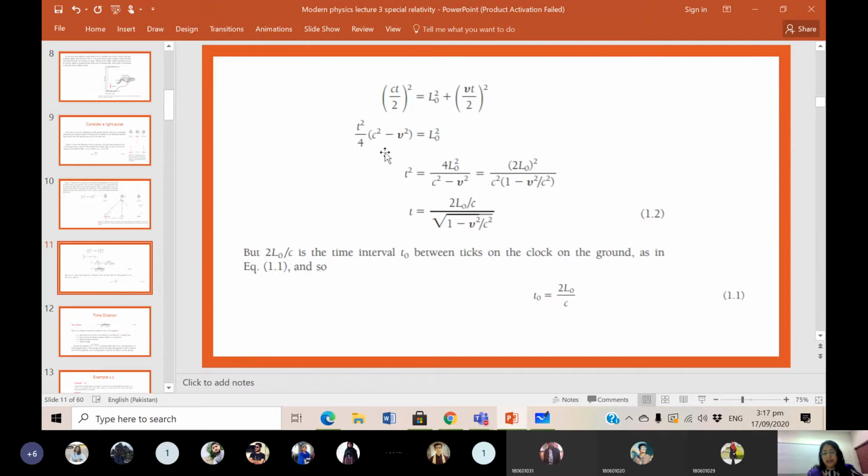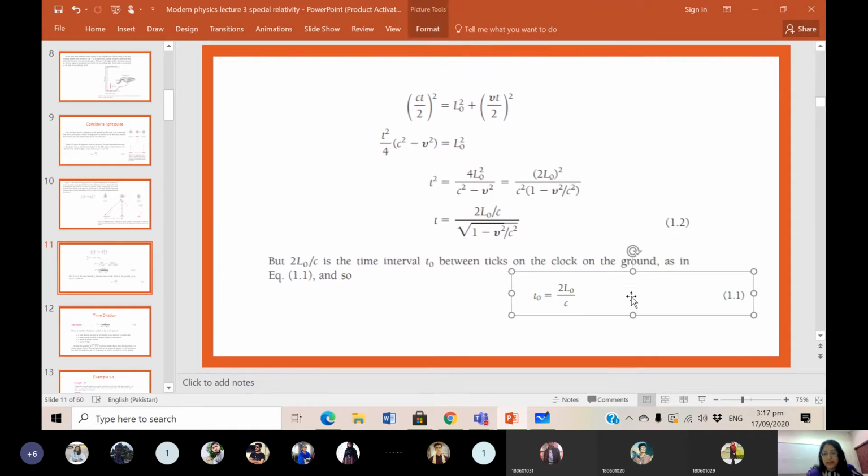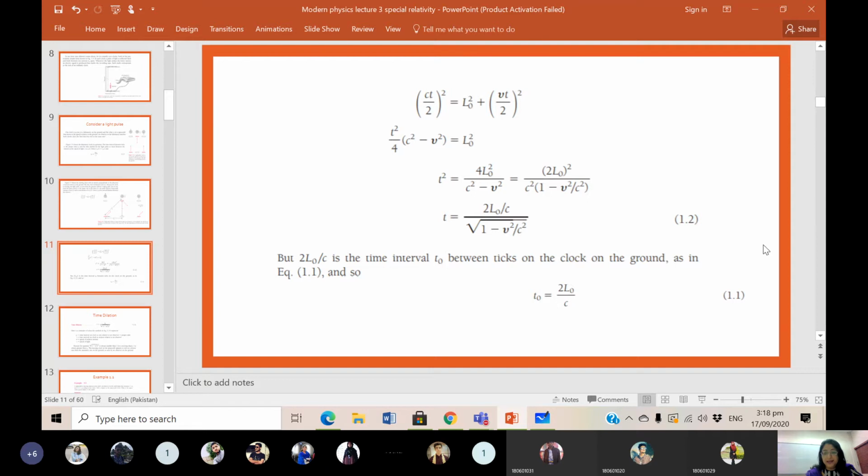You know how to do this, right? Just take t on that side of the equation, make t the subject of the equation, rearrange. This is just some algebra, okay? It's just a little algebra, and you do it and then we get this equation. Do you want me to do this algebra, or I think you can do this, right? It's very easy. Yes, sir, we can do it.